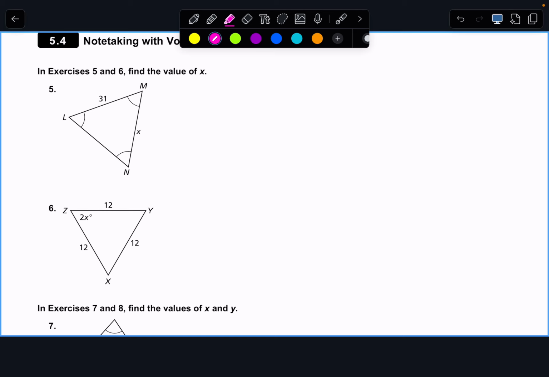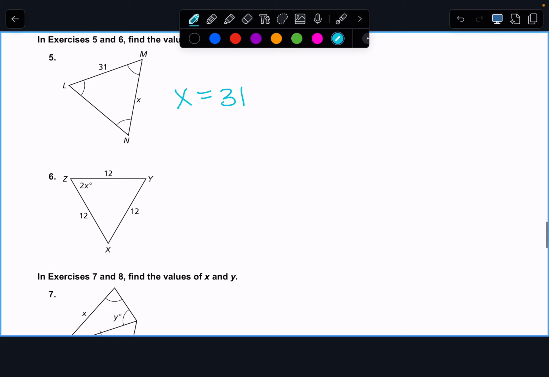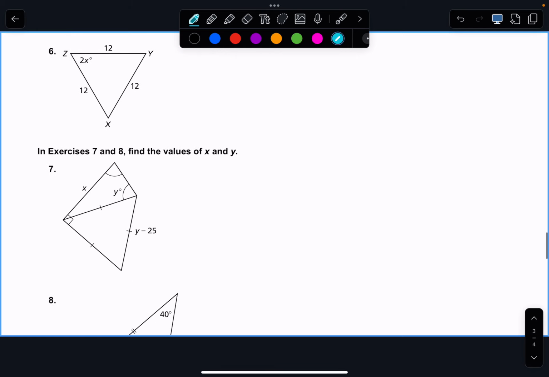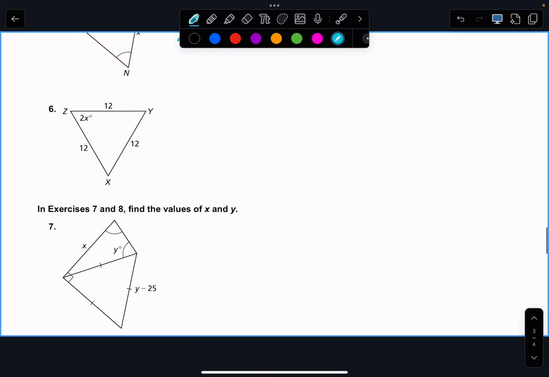All right, whether you're done or not, we're gonna talk about these. It's okay. In number 5, what is x? 31. Okay, all the sides are the same in an equilateral triangle. Now, if it's an equilateral, what are all of the angles gonna be? 60.